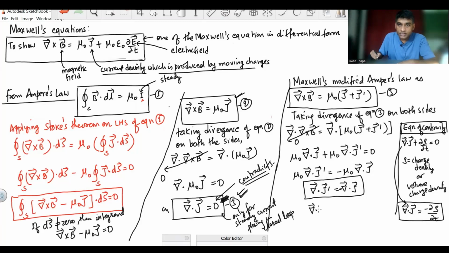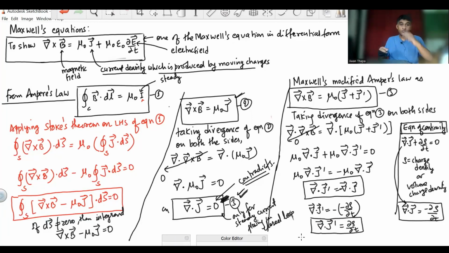So divergence J dash equals minus del rho by del t. So we can write in this way.